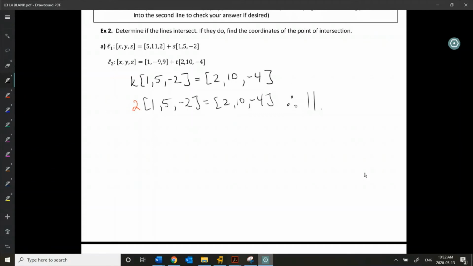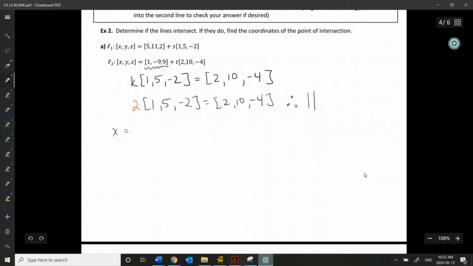Now, the other question here is if they are parallel coincident or parallel distinct. Sometimes it can be helpful to set up 3 equations for x, y, and z. Let's say I'm going to test if the point (1, -9, 9) is on my first line. I could also test if the point (5, 11, 2) is on my second line. Your choice.